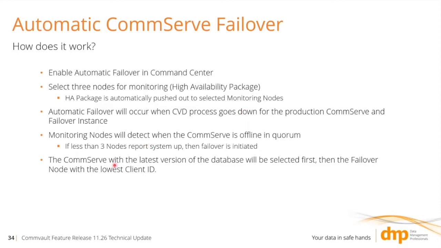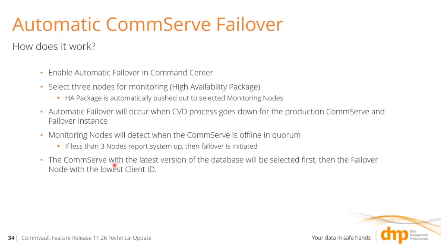So what happens? The automatic failover will occur when the Commvault processes go down on the production ComServe and the failover instance. So like I said, you have 2 instances running on your production ComServe. One is really your ComServe instance, and the second instance is the SQL, which is taking care of your SQL backup. So both need to be down. The CVD process for both instances needs to be down for the automatic failover to occur.